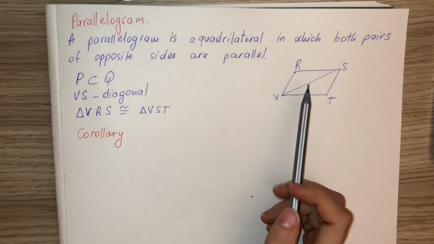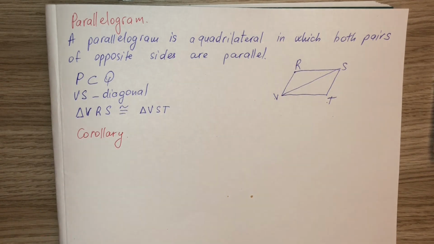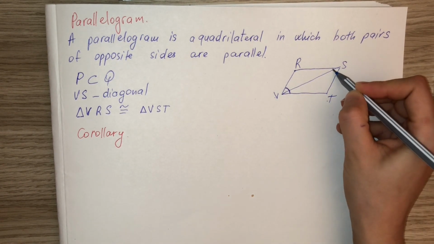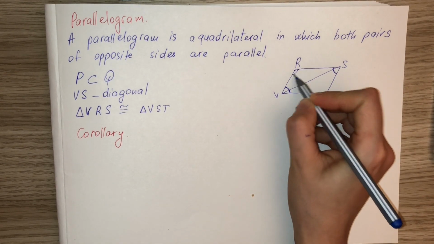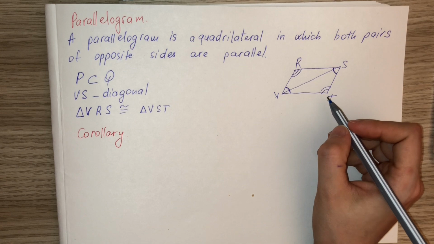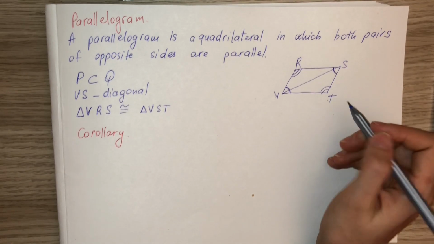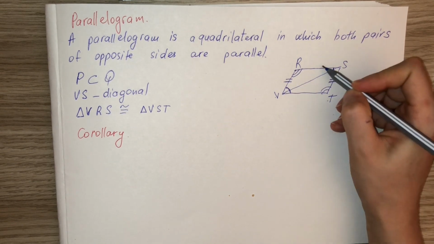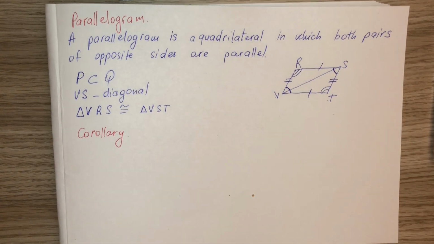The corollary of this theorem is that the opposite angles of a parallelogram are congruent. These opposite angles are congruent. Okay, and also the opposite sides of a parallelogram are congruent. These opposite sides are also congruent.